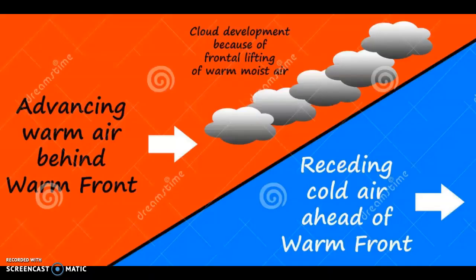All right, this image shows the advancing warm air. When I say advancing, this means that the warm air is moving in a particular directional pathway and trying to engage the existing cool air on this other side. Since this warm air is advancing, it will be forced to rise.